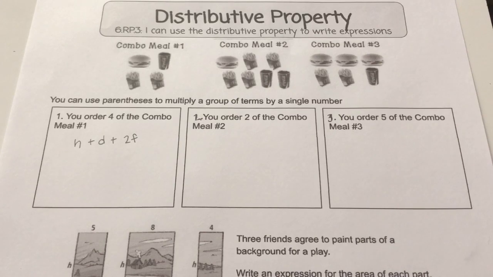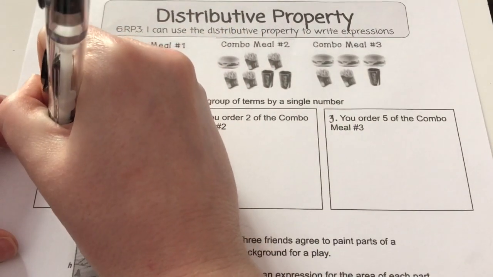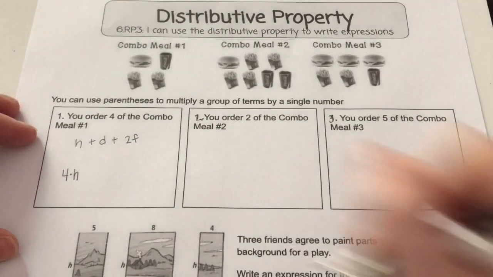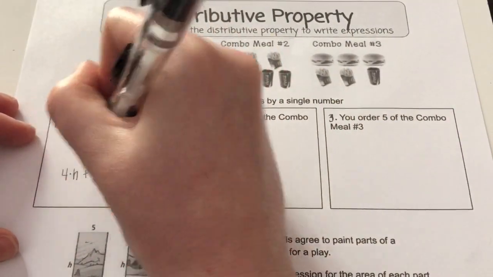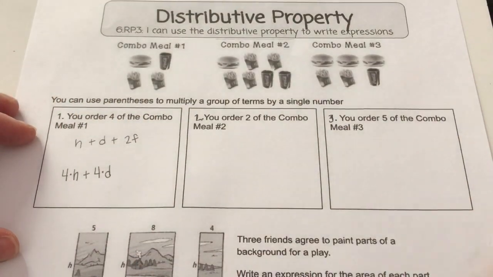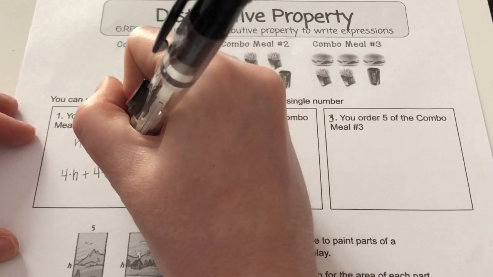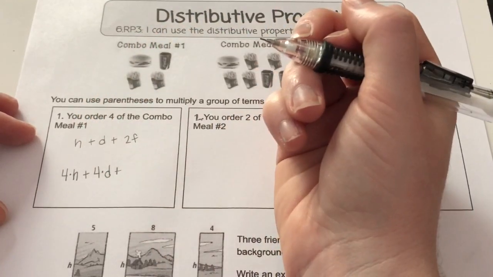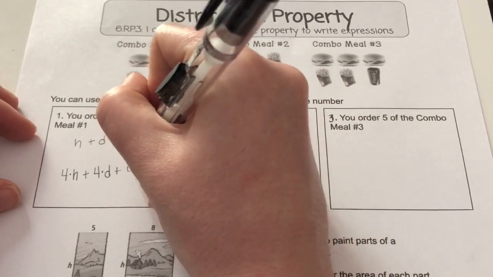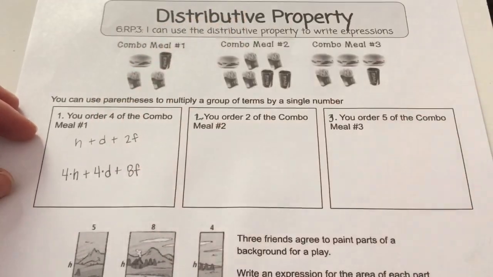Basically, what we end up doing is multiplying everything times 4. So there's 2 ways I can do that. I can write out 4 times each of these things, 4 times h, plus 4 times the number of drinks, plus 4 times 2 french fries, which would end up being 8 french fries.